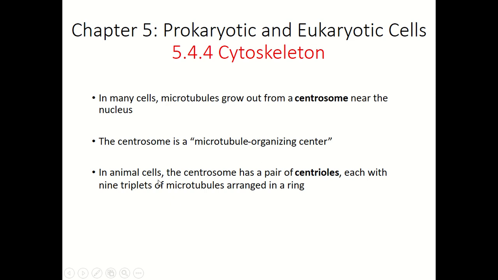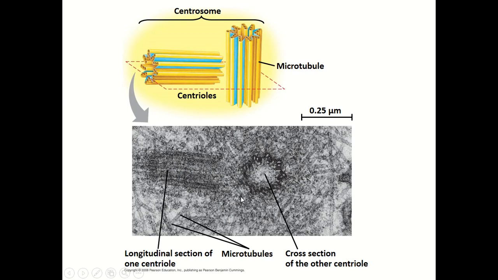In animal cells, the centrosome has a pair of centrioles, each with 9 triplet microtubules arranged in a ring. So how does it look like? It looks like this. We have 1, 2, 3, 4, 5, 6, 7, 8, 9. 9 triplet sets of microtubules, this is 3, right?